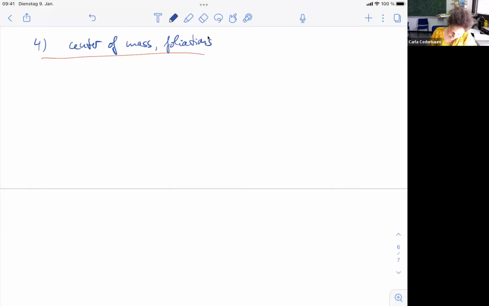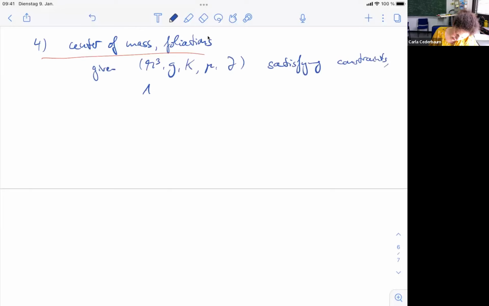So if I'm given, as before, M3, T, K, mu, and J, satisfying the constraints, and asymptotically Euclidean of order eta is 1/2 plus epsilon for some positive epsilon with respect to some chart X. This is what I'm given now.